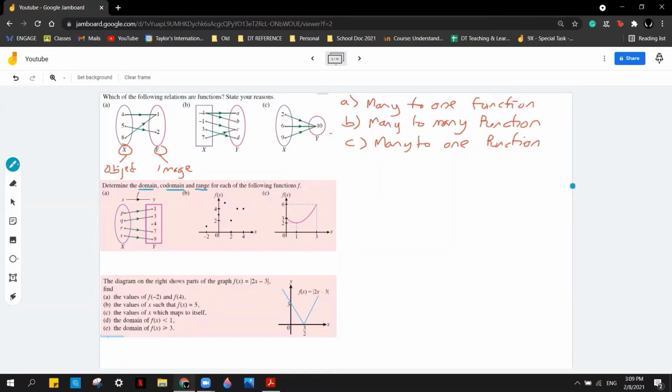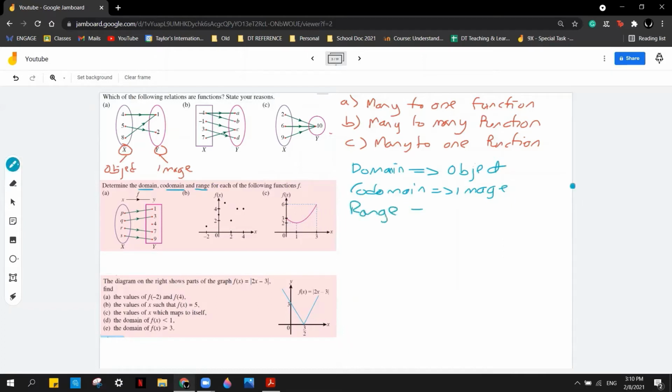Always remember, domain here means object, and codomain means image, and finally range.